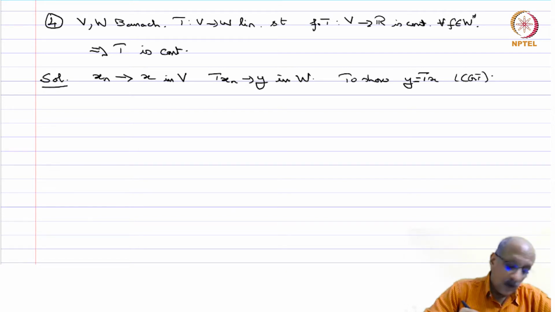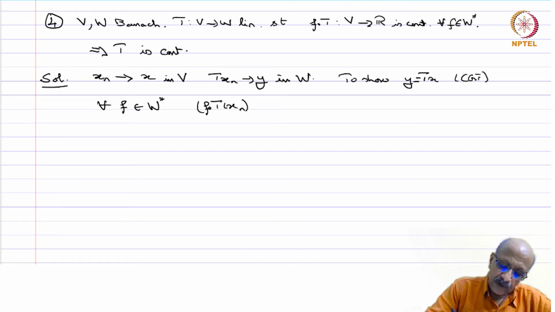Okay, so now we know that for all F in W star, we have F of T of Xn. So this is F composed with T acting on Xn, which is F of T of Xn.